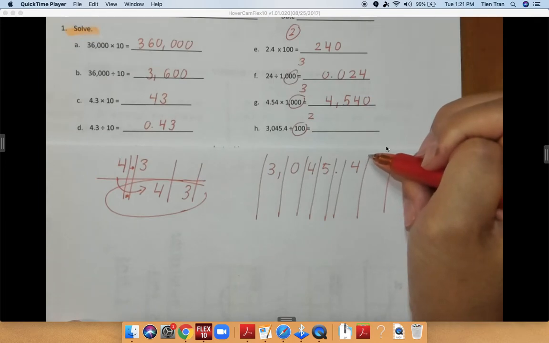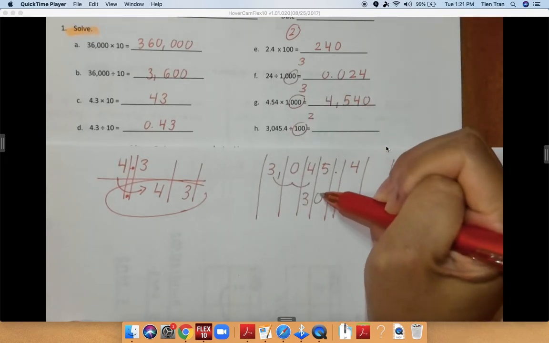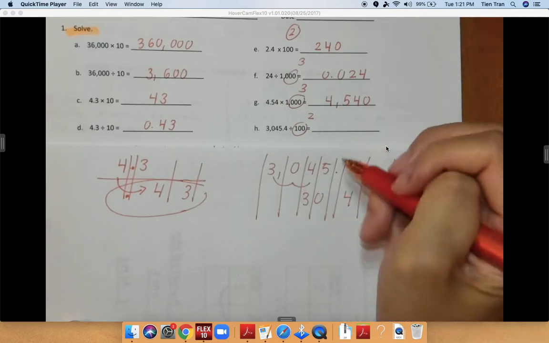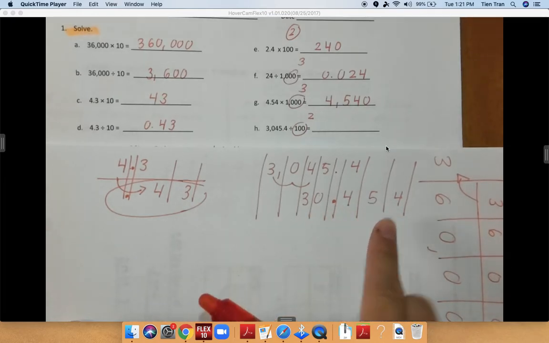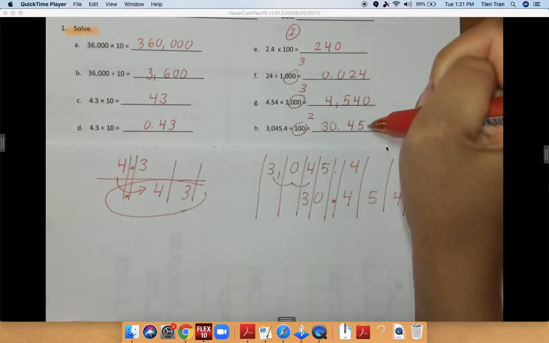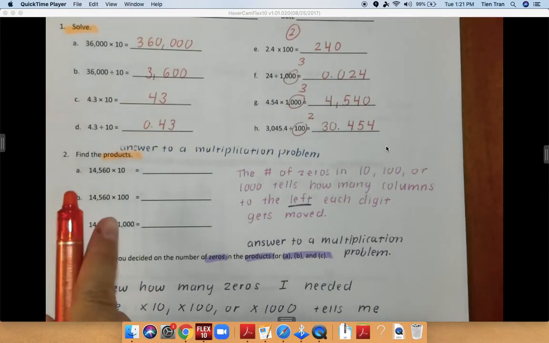So I'm going to move over 2 times, 1, 2. And then the rest of your numbers will follow. Same thing with the 0, 1, 2. So my new number is 30 and 454 thousandths.